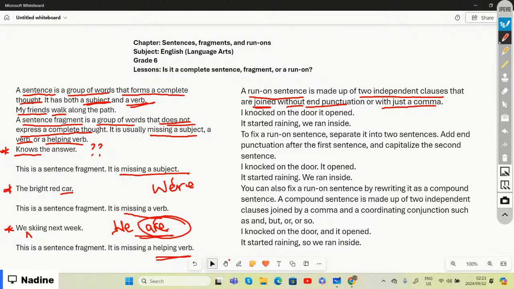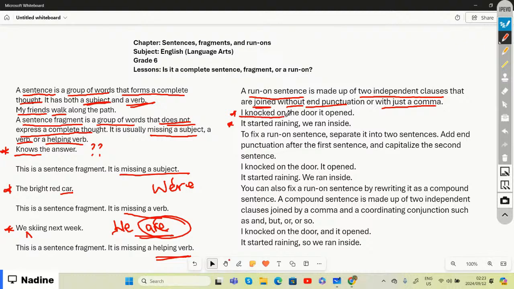If we look at an example, right? Our example says, I knocked on the door, it opened. Our second example says, it started raining, we ran inside. If we look at the first one, there we have two independent clauses.